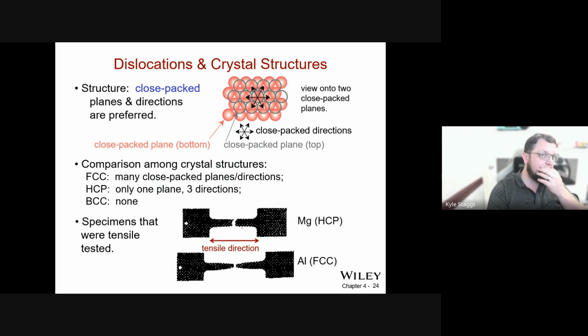magnesium and aluminum are different here in their behavior. This has a very sharp diagonal dislocation. This forms almost more of a cup and cone fracture rather than being a diagonal failure point.